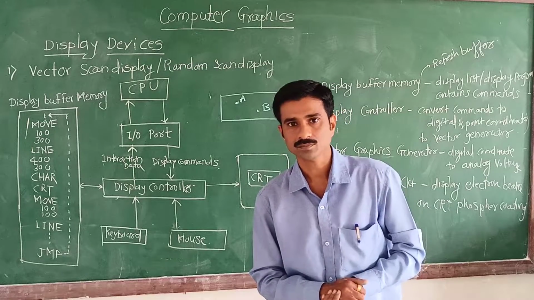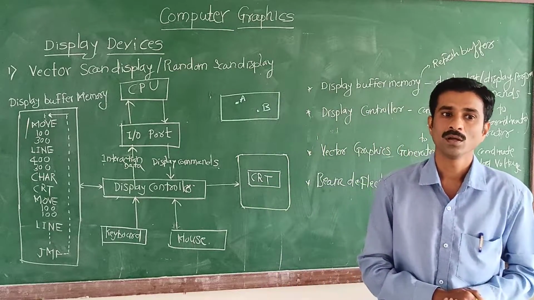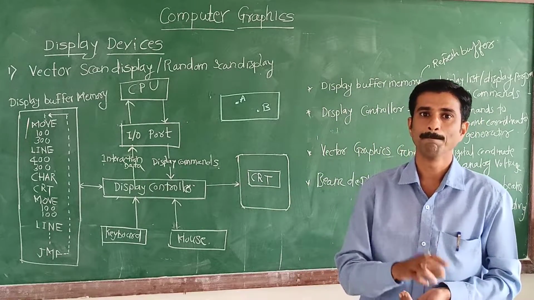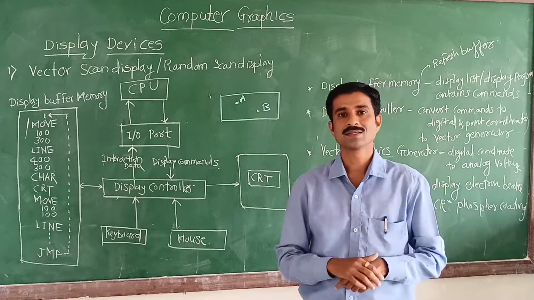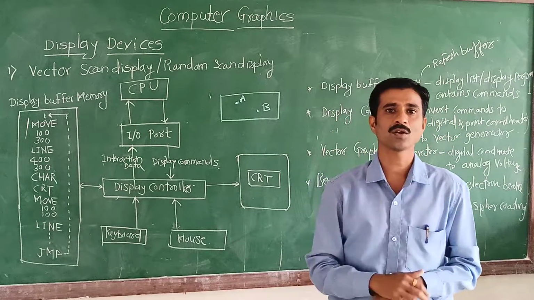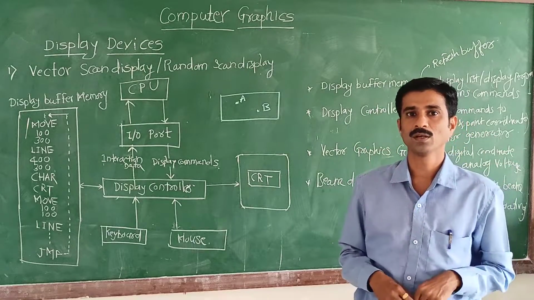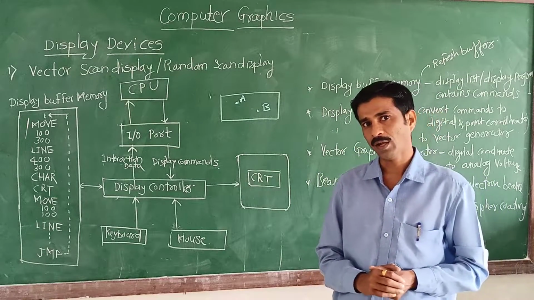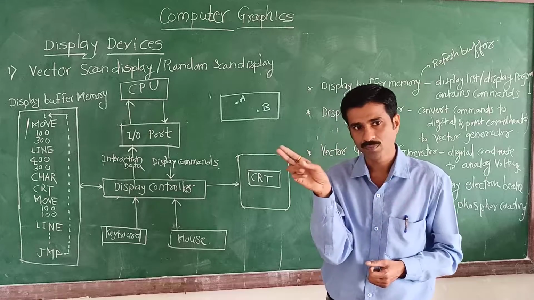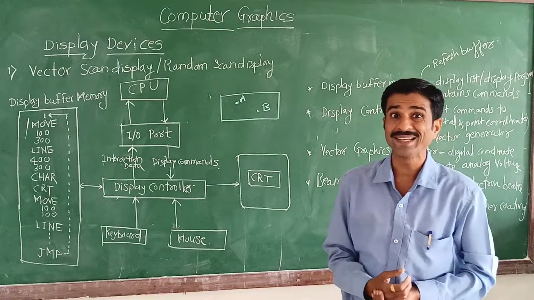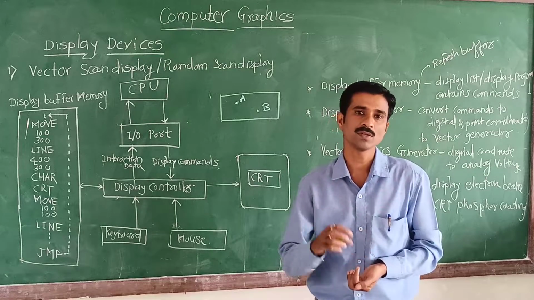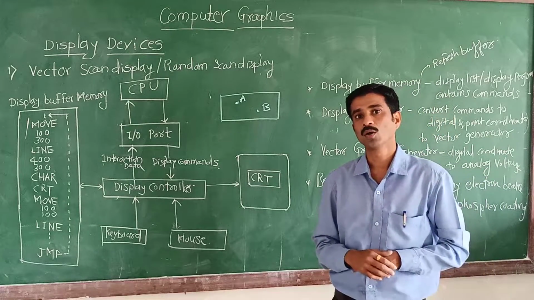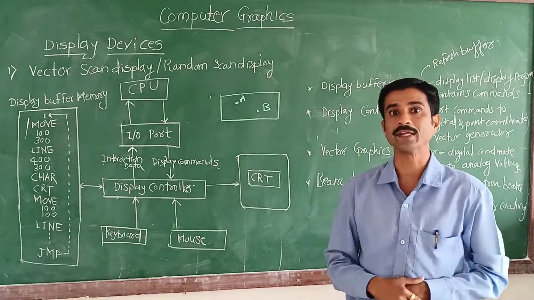In that cathode ray tube, the electron beam is bombarded on the CRT, and by using that electron beam, the various points, lines and characters are displayed. The electron beam is emitting electrons on the phosphorus coating of the CRT.